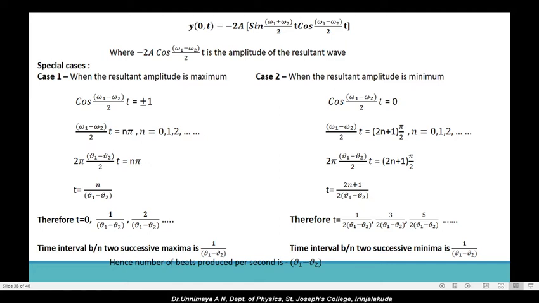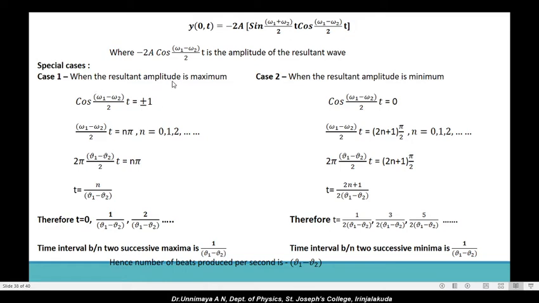So now we consider the special cases when the resultant amplitude is maximum. What is the situation when the resultant amplitude is maximum? Resultant amplitude maximum means this cos term will have maximum value. Maximum value means plus or minus 1.